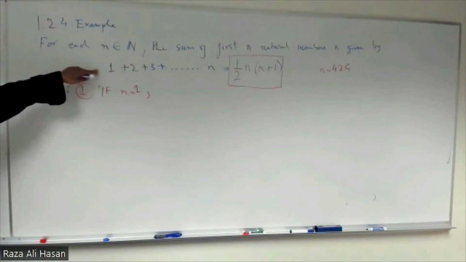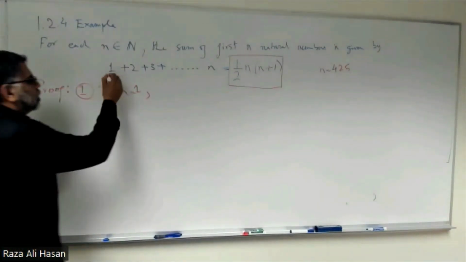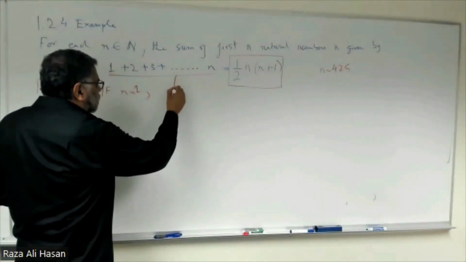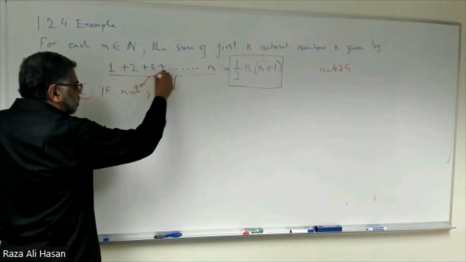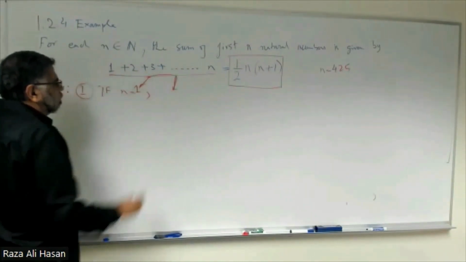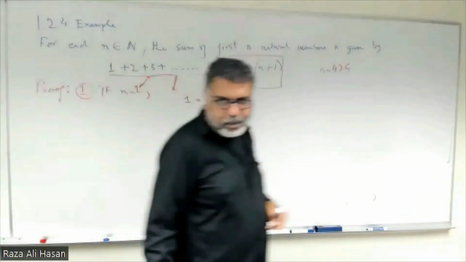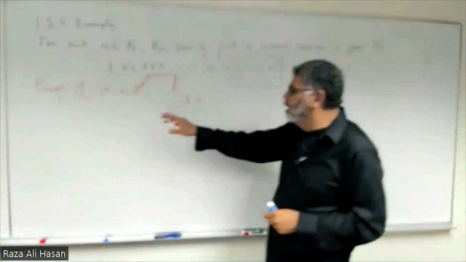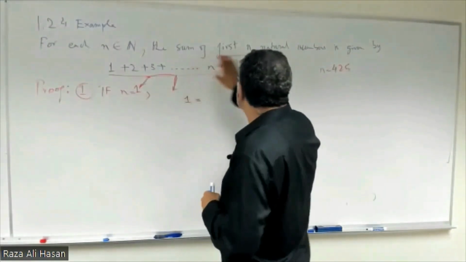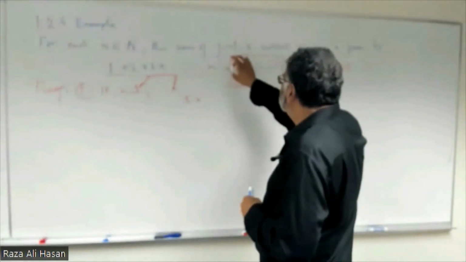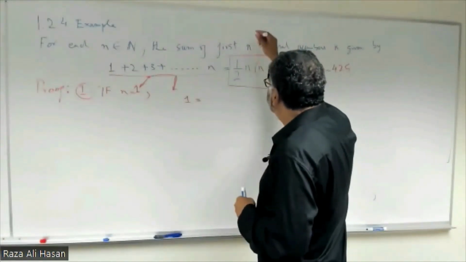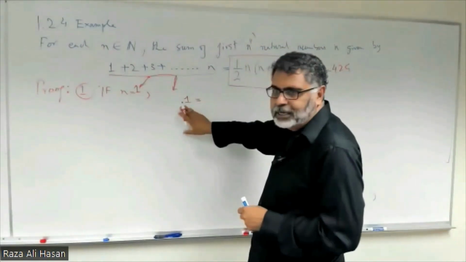So how long is this side? This is going to be just 1. The sum of the first n natural numbers, if n equals 1, we just have 1 on the left hand side.